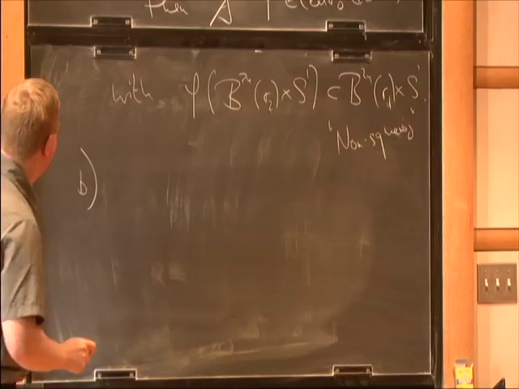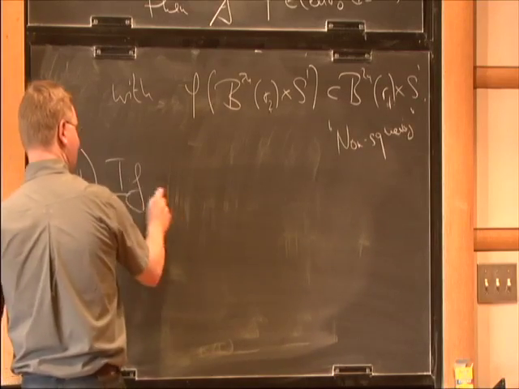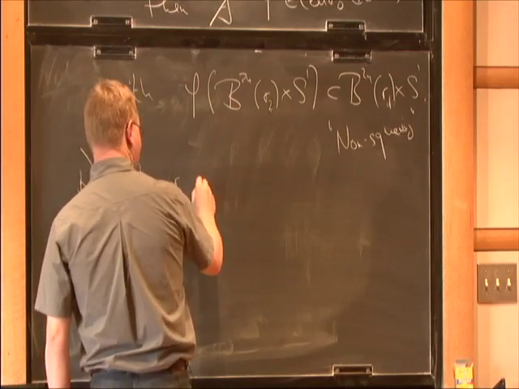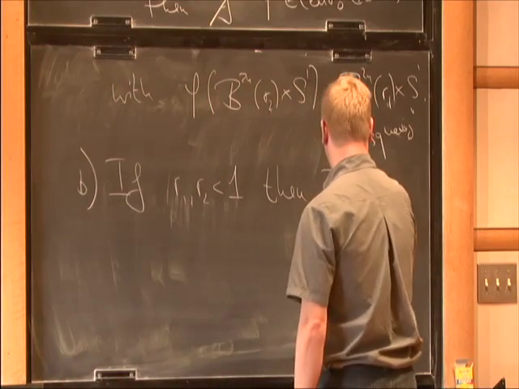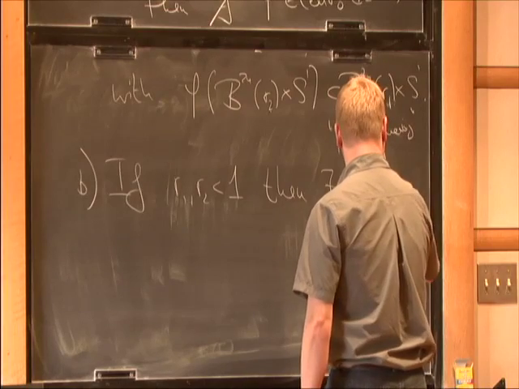B, if R1 and R2 are smaller than 1, then there exists a phi that does the job.